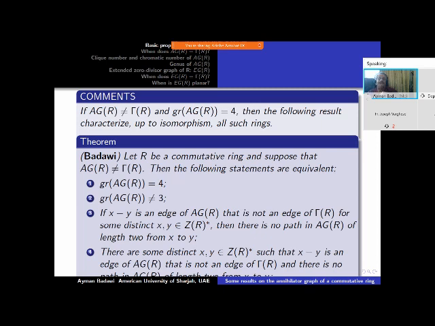That's kind of interesting. If you have an edge in the annihilator graph that is not an edge of the zero divisor graph, then you cannot find a path of length 2 from x to y.